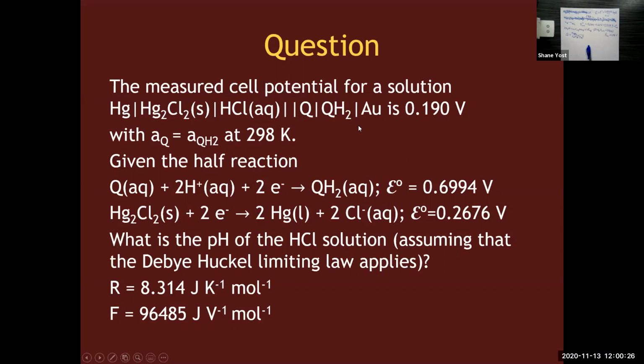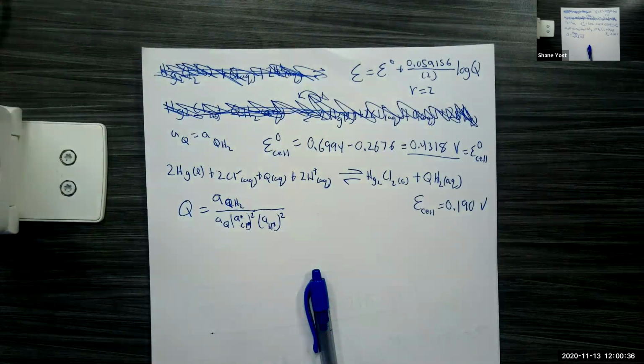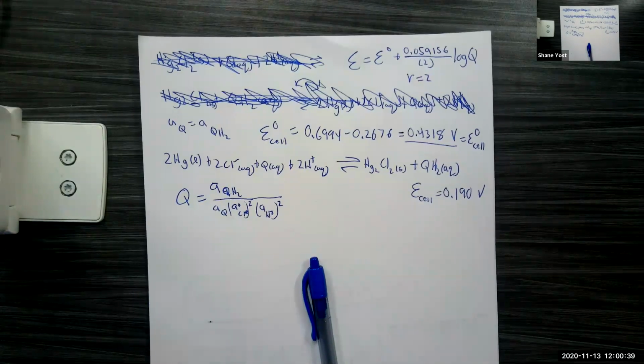And then I add these two reactions together to get the overall redox reaction. And so when I do that, I'll get this lovely reaction of 2Hg liquid plus 2Cl minus plus Q plus 2H plus, forming Hg2Cl2 solid plus QH2.